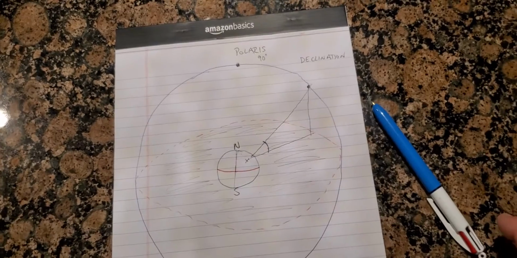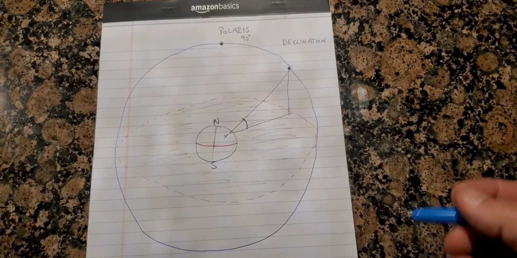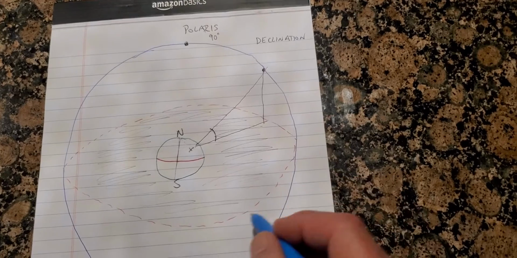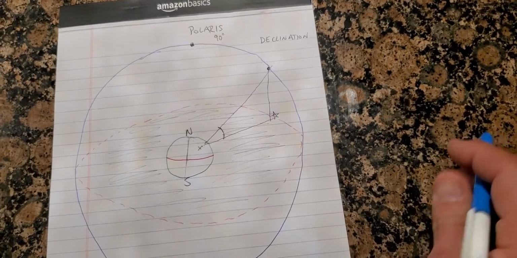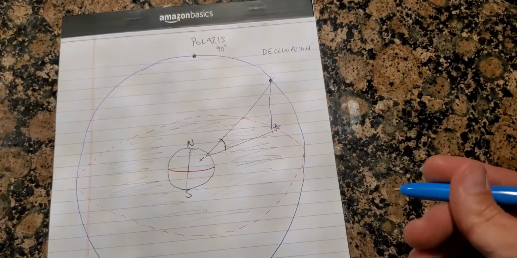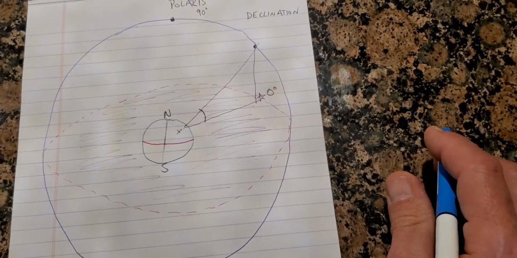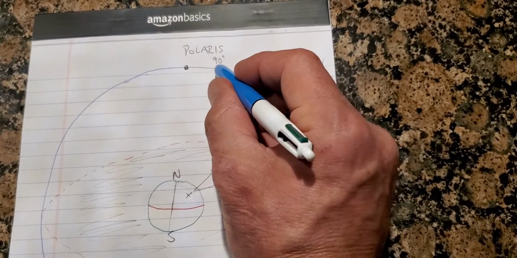So let's say you find a planet or a star or some other object in space that's right on the celestial equator, let's say you see a star right there, and remember that's on that celestial sphere, that declination is 0 degrees. The North Star, Polaris, is at 90 degrees.